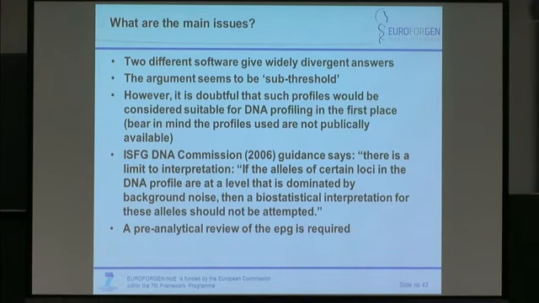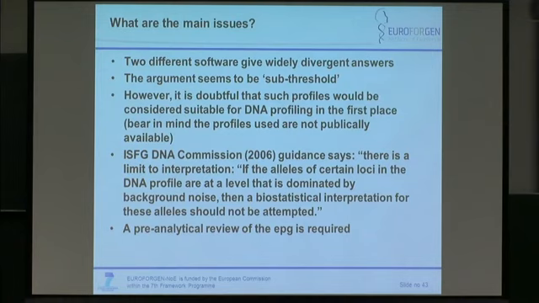So there are very interesting issues here, but the argument seems to be around profiles very close to the sub-threshold. In my opinion, when you're arguing about profiles which are so close to the limit of detection threshold, it is doubtful that such profiles would be considered suitable for DNA profiling in the first place.